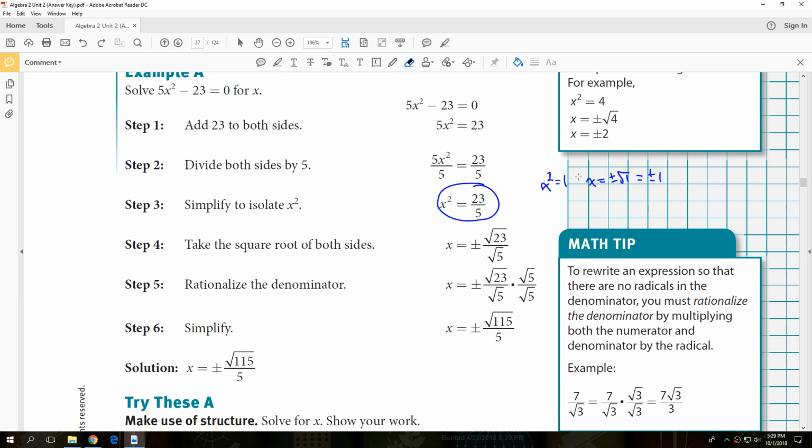Actually, I want to keep that there. That's why, the plus or the minus. So say for example, you ended up with, I don't know, x plus 5 squared is equal to blah, blah, blah, whatever.